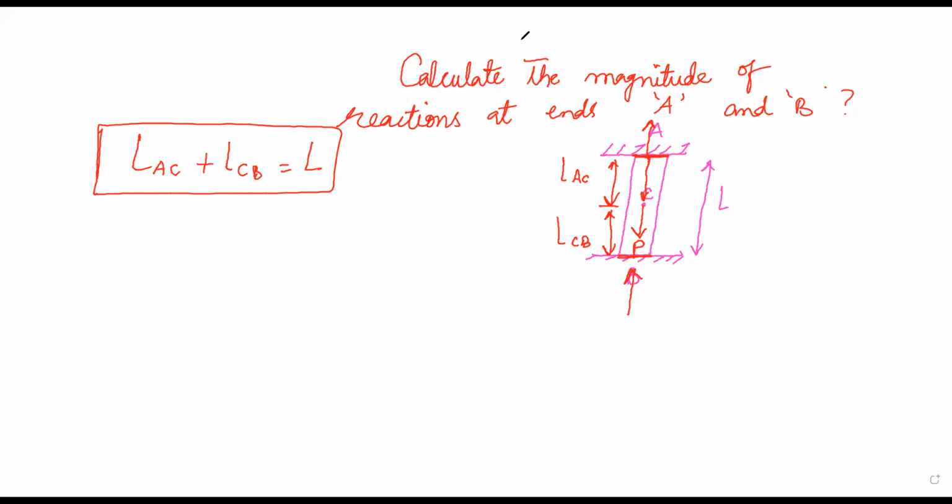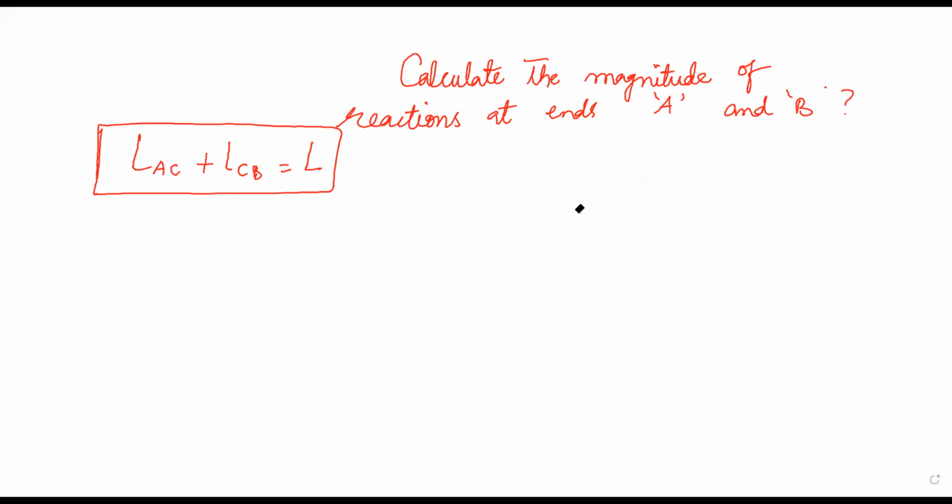In order to do this question, see how complicated this question becomes. Let me redraw the diagram of this question. So we have the rod which was fixed at two ends.